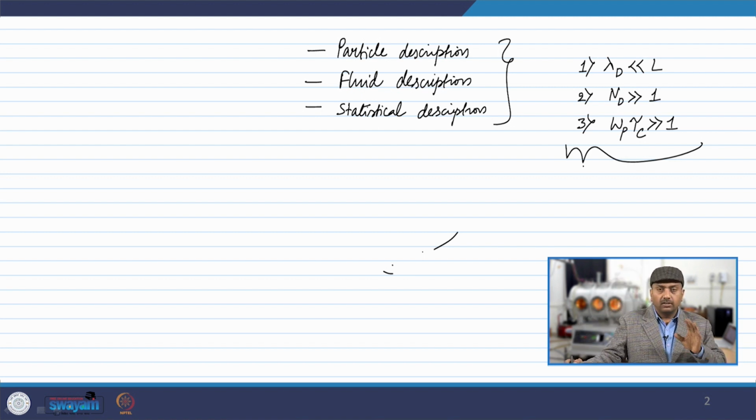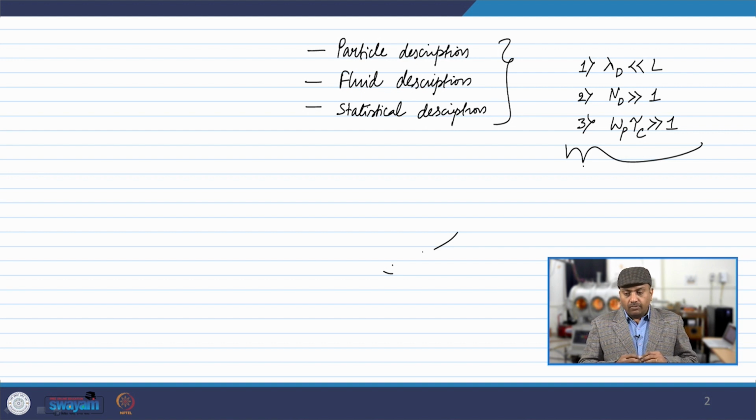Here, the collective behavior of the plasma becomes not so important. So, plasma sometimes behaves like a fluid and sometimes behaves just like a collection of particles. In order to understand how to describe plasma in various situations, it is very important for us to understand how a single particle will behave in the presence of different types of electric and magnetic fields.